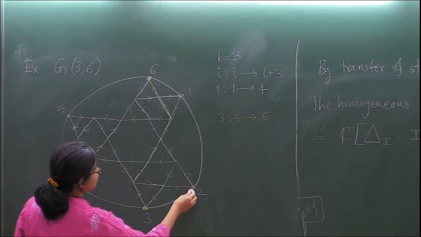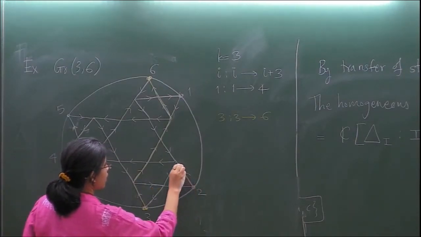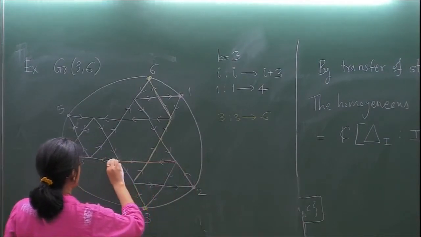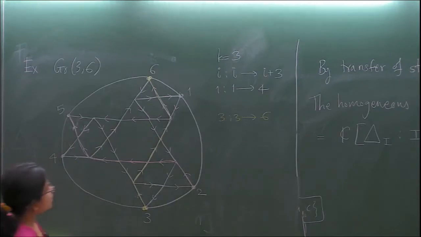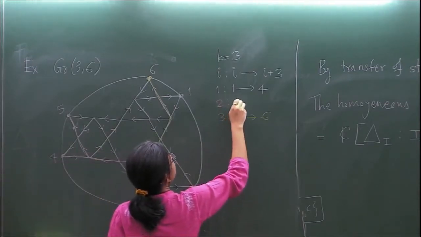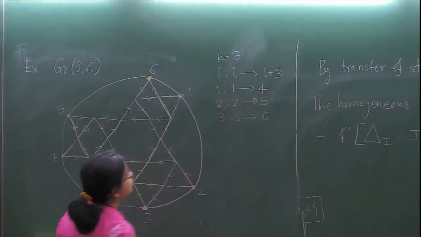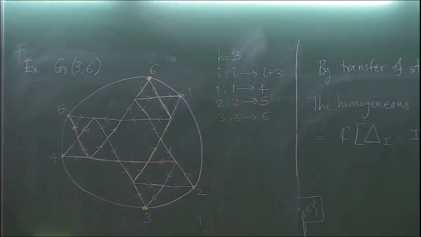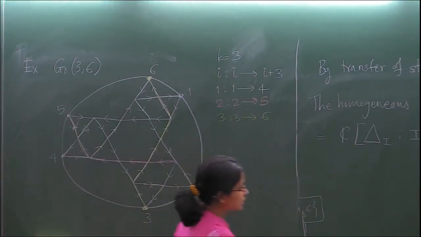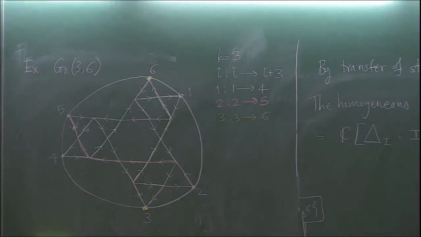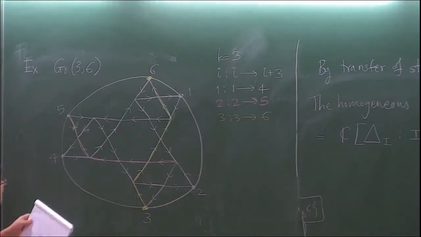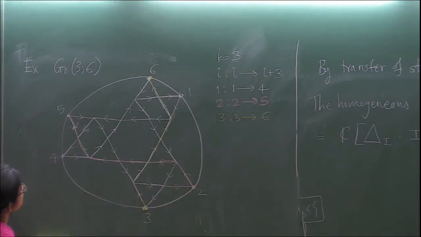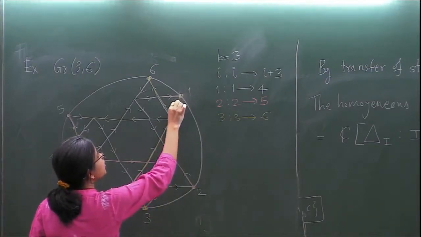Suppose I start at 2. So 2 should go to 5, and the pink one is that, and so on. I might need 1, so I will draw 1.